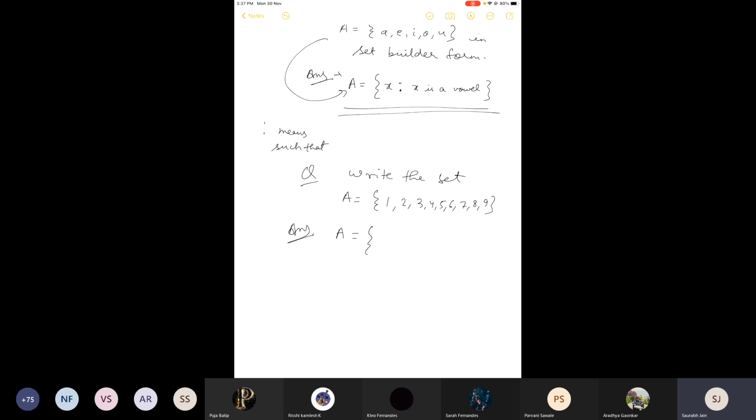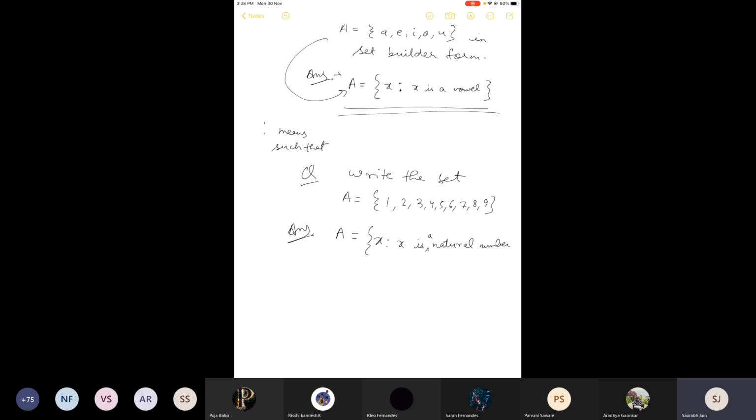See, now we are supposed to write it in the form of a sentence. So why make it a complex statement? Write it in a simple language. x is such that x is a natural number less than 10. You can see there is no square root, no decimal, no fraction, nothing.